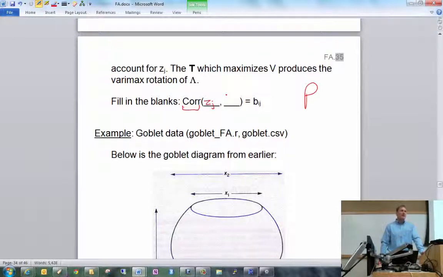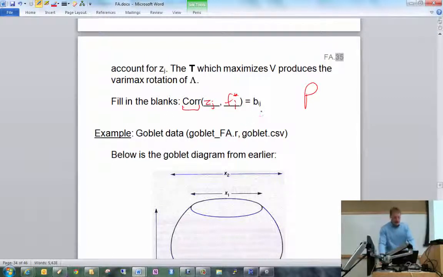Before, we had seen the correlation between two random variables was equal to lambda. What were the two random variables? Z and F. Okay? So what am I going to have here? Correlation between Z and F star, because F star now is this new common factor, essentially.